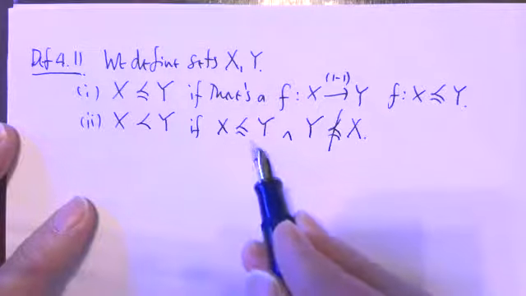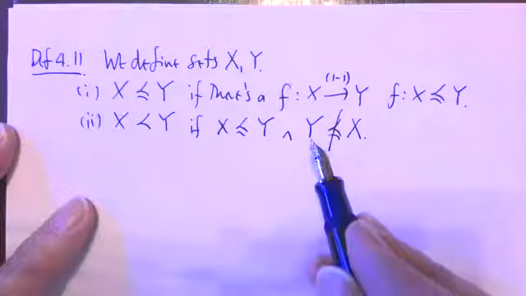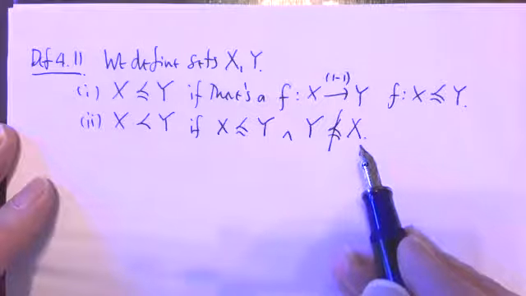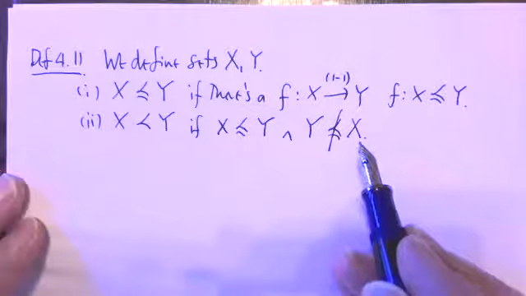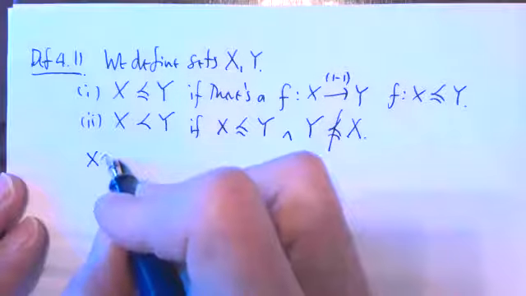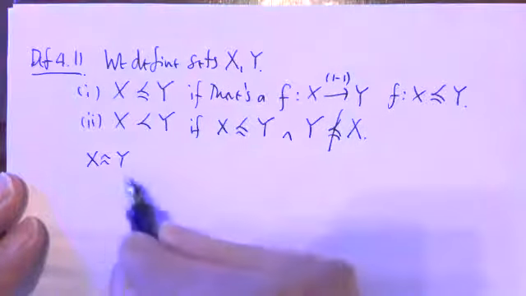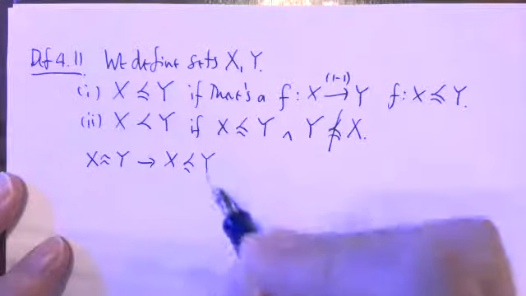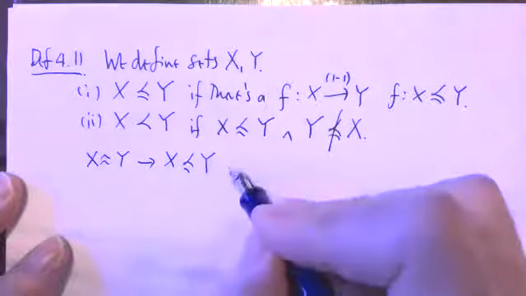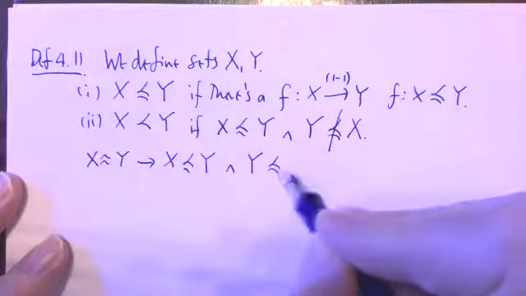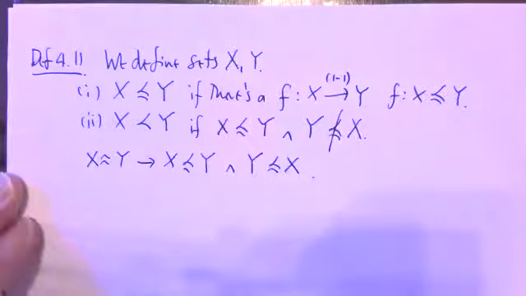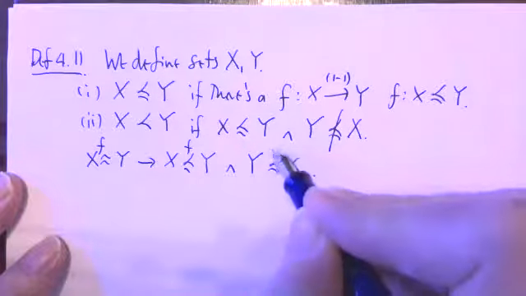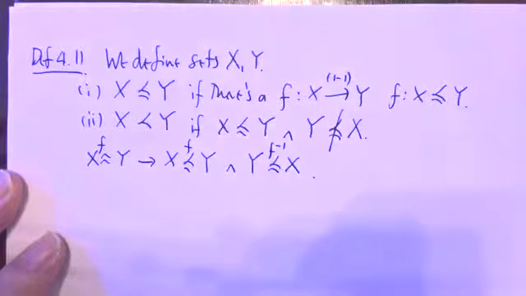I've got an injection from X into Y, but there's no G going from Y back into X. So if X is bijective with Y, then of course there's an injection from X into Y, and the inverse map trivially shows Y is injectable into X. If F is going in this direction, F functions for this, and its inverse functions for that.